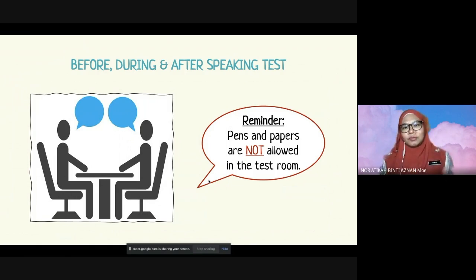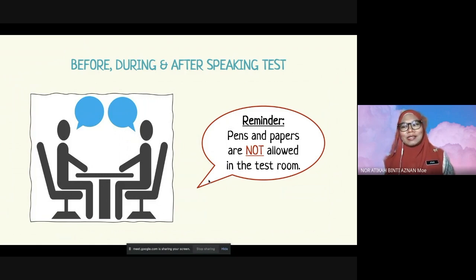The questions will be in the room, and you can't even write anything during the test. So this is what makes it a bit more challenging. It means you will only be given a set of questions. You have to observe the questions, read and think without writing anything. So it's a bit challenging.